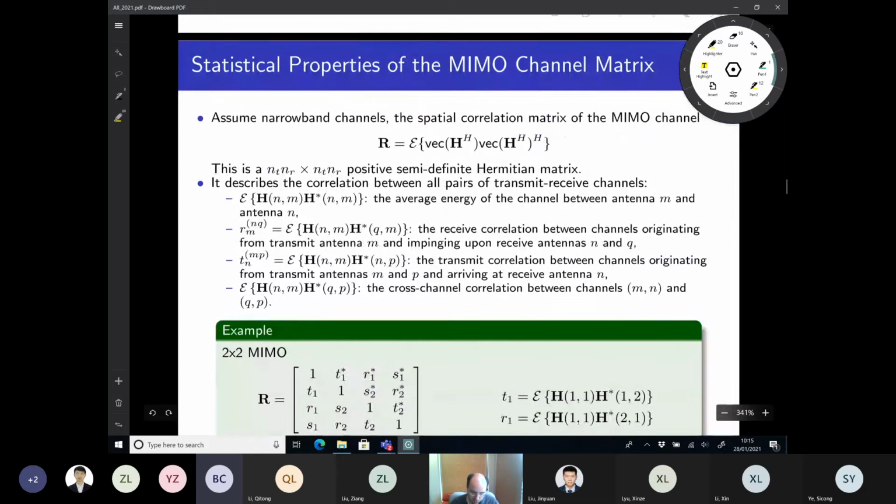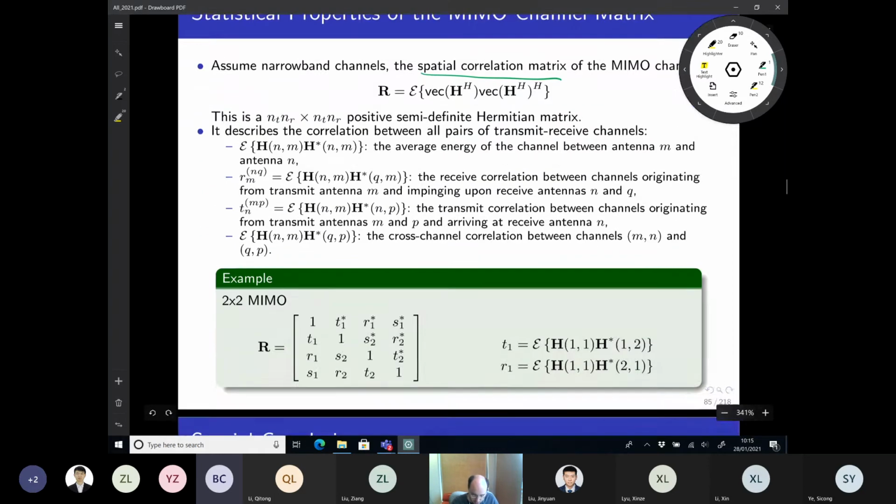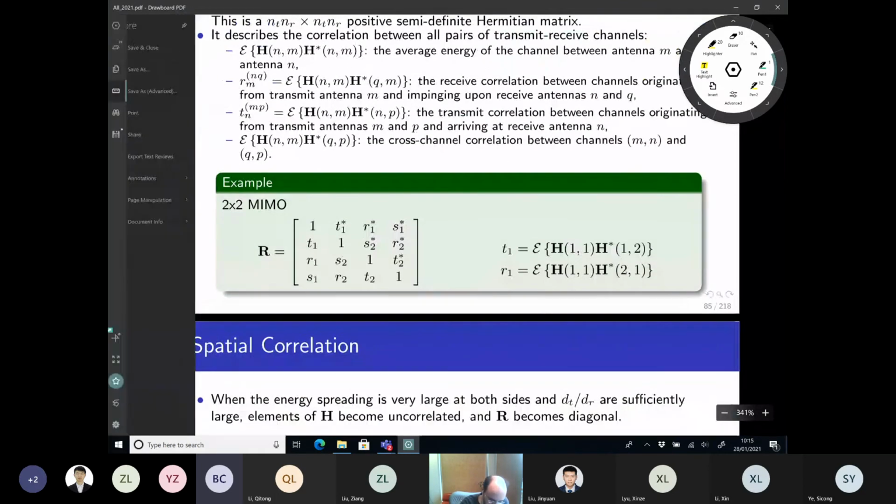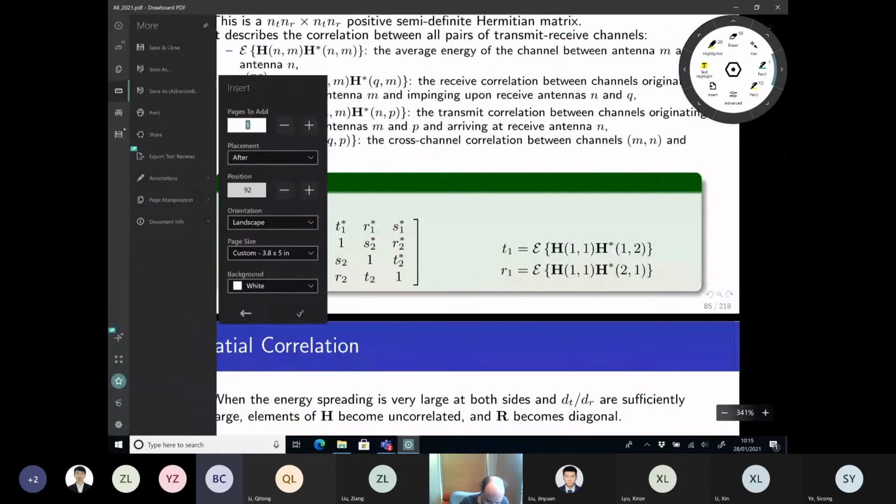Good. So how can we characterize this correlation between those elements? By looking at spatial correlation coefficients. So let's imagine all those coefficients are circularly symmetric complex Gaussian random variables. Let's imagine I have two transmit and two receive antennas.